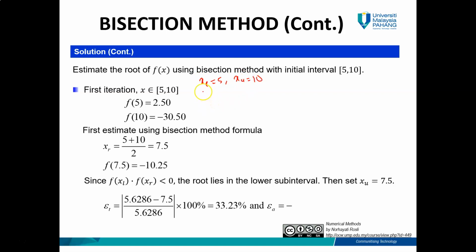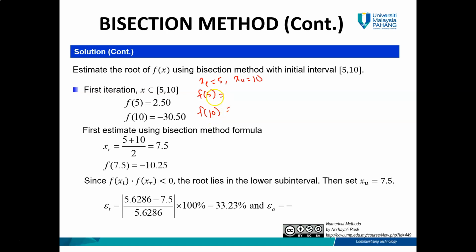So now we need to check f(5) and the function when x equal to 10. What are the values for these two functions? And does the multiplication of these two give us a value less than 0?